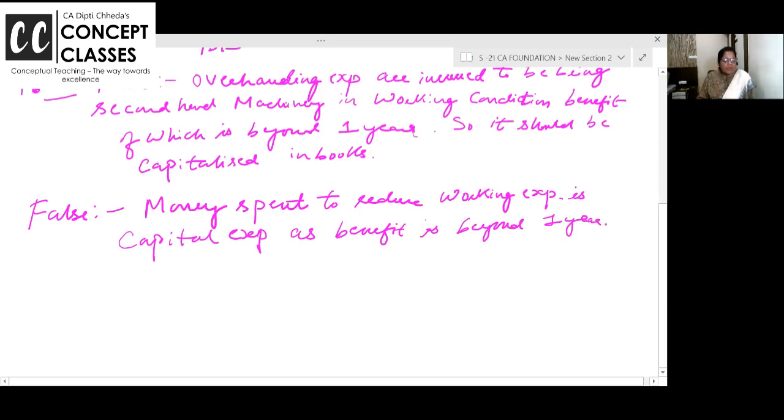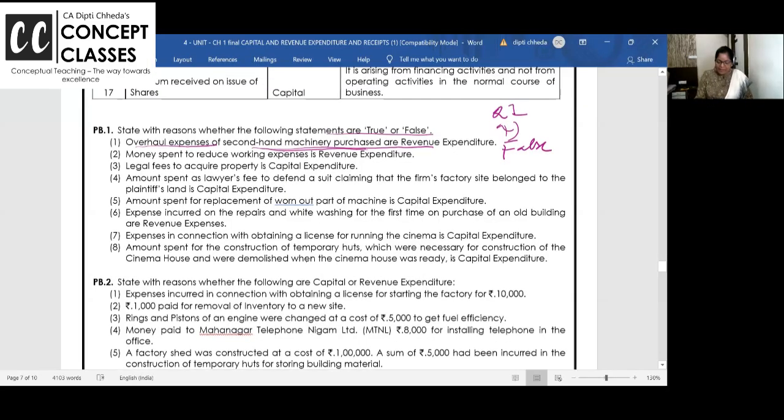Okay? Once you do a major expense, it will reduce your day-to-day cost, but that will be treated as a part of the asset, no? It will be treated as asset. So I hope the second one is clear that it's a capital expenditure.